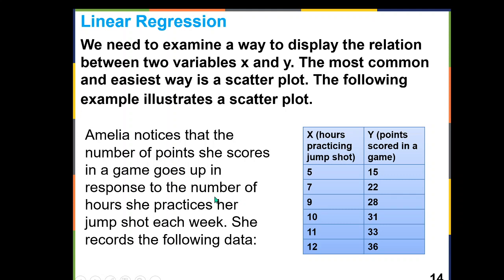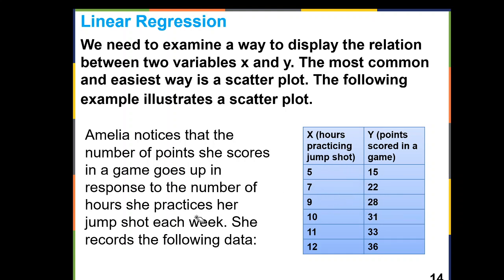But here we have data for this situation where Amelia notices that the number of points she scores in a game goes up in response to the number of hours she practices. All right, so these are the number of hours she practices, and these are the number of points that she makes after practicing that many hours, right?